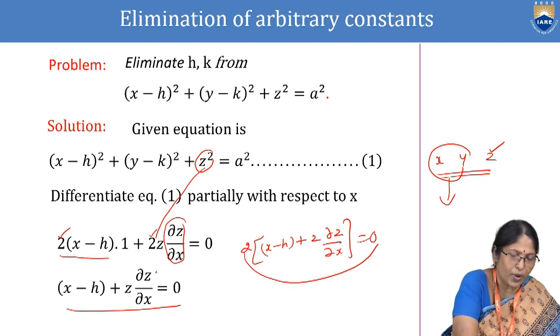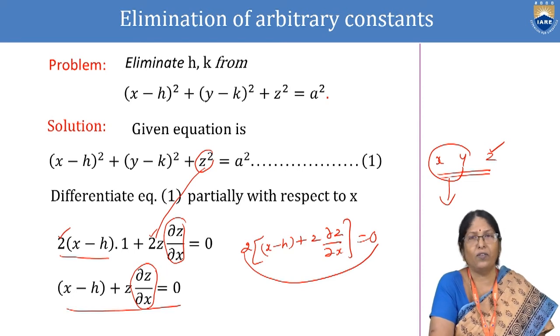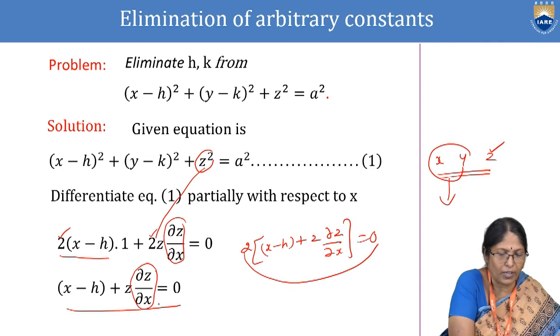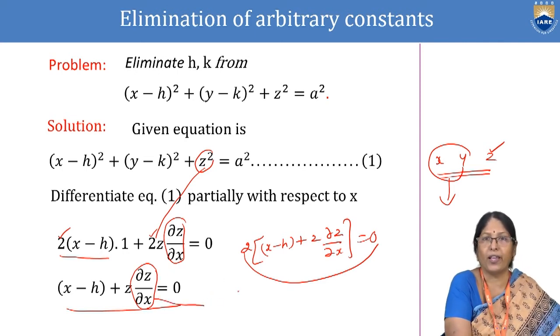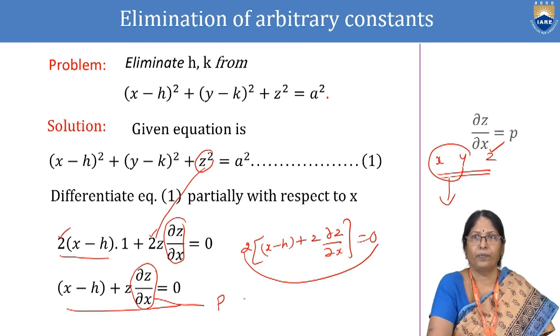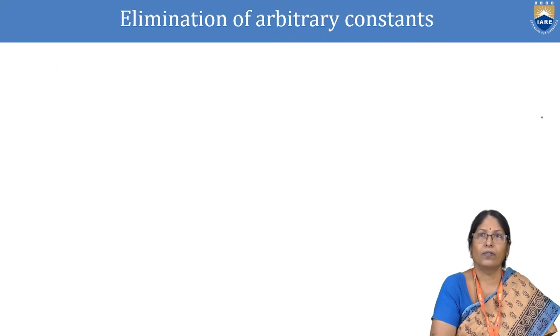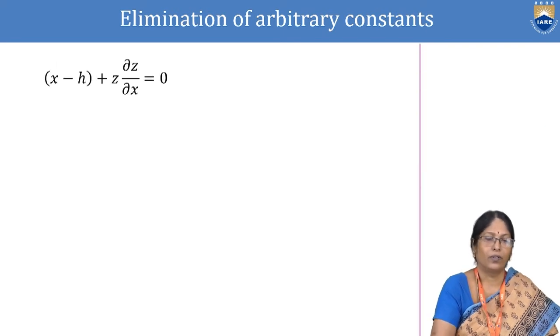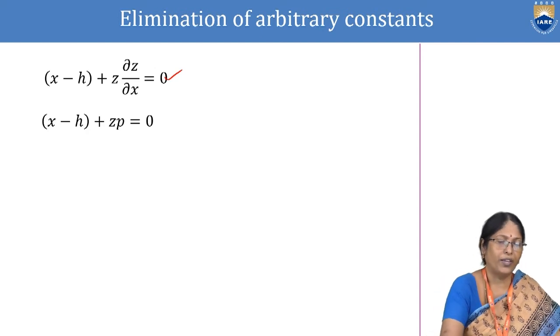Now in this equation, this dou z by dou x, the notation we know it: the notation is P. So in this particular place also, we are going to substitute dou z by dou x and write it as small p. It is kept here, so we are simplifying.